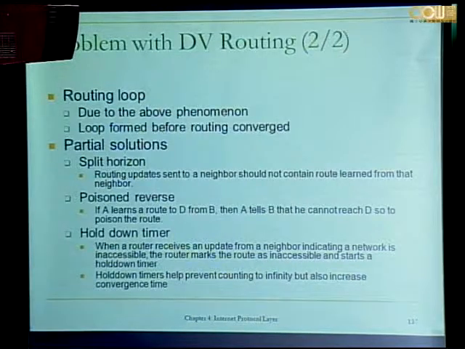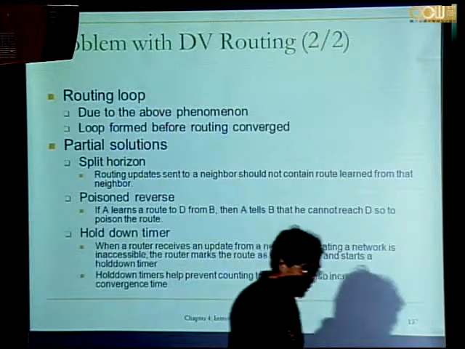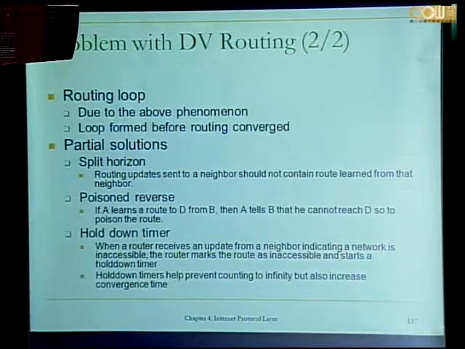Otherwise, if B has some link failure, B will think that A can provide a better path to D. I think this might confuse some of you, but for the details of the scenario, please read the book.